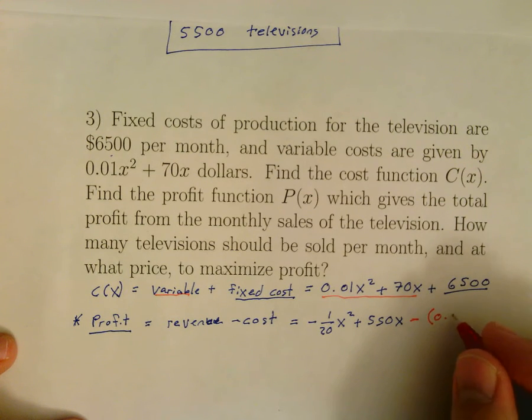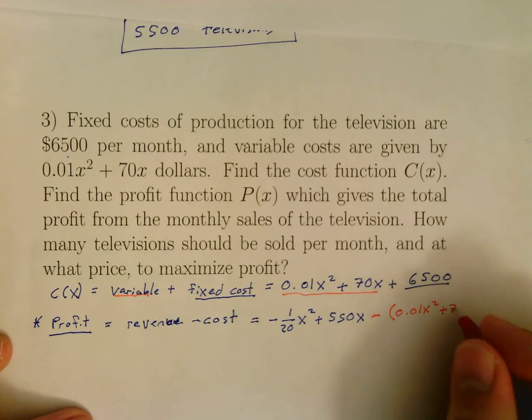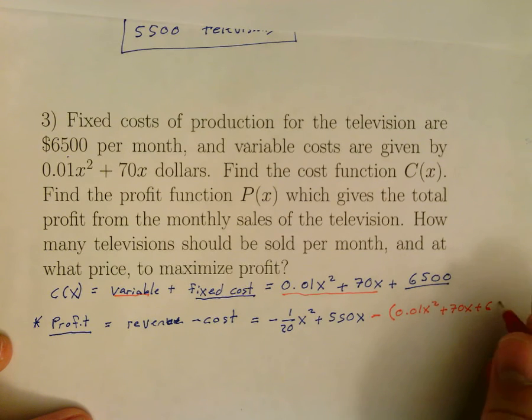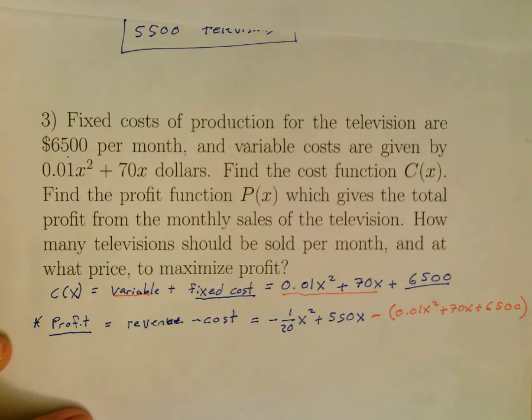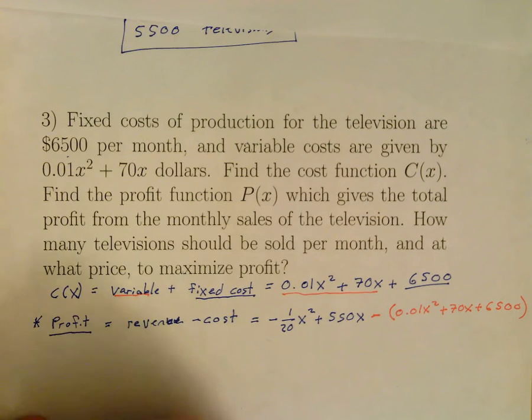So I have 0.01x squared plus 70x plus 6,500. Okay. Now, let's clean this up a little bit. Now 1 over 20 is 0.5. So I think I'll just put everything in terms of decimals to make my life a little bit easier. Why not? Now profit, this is kind of confusing because demand is P, profit is P, everything is P. So just to keep everything straight, I put a little bar underneath my P just to remember this is the profit.